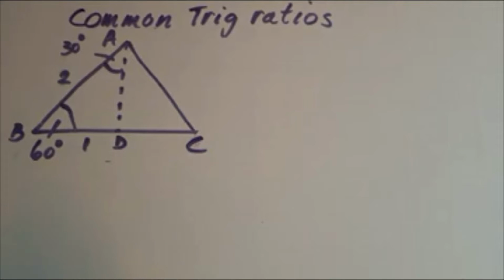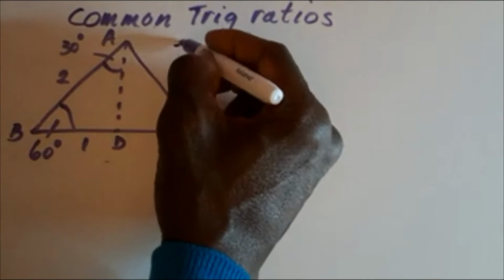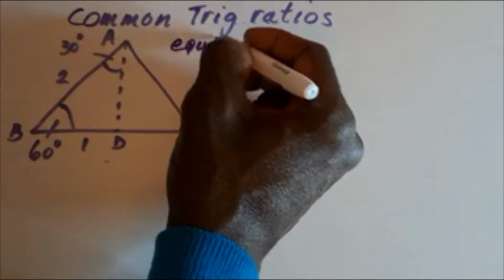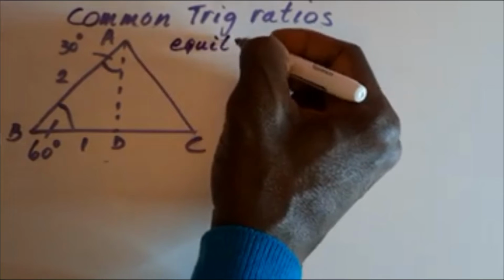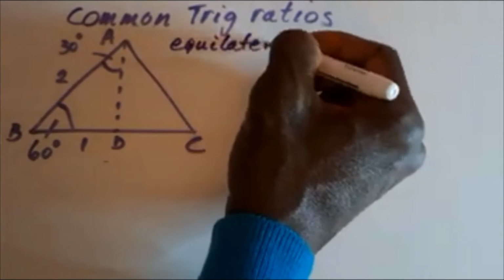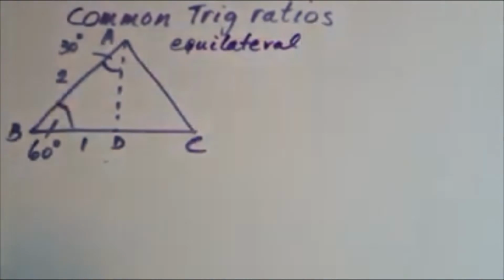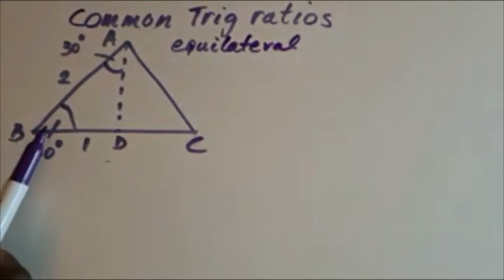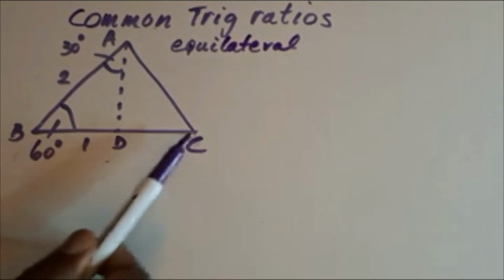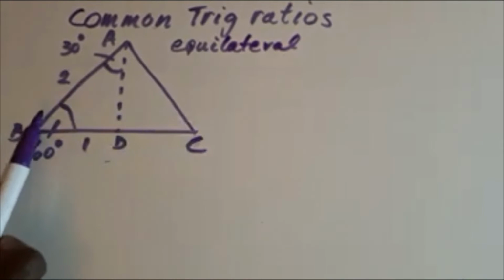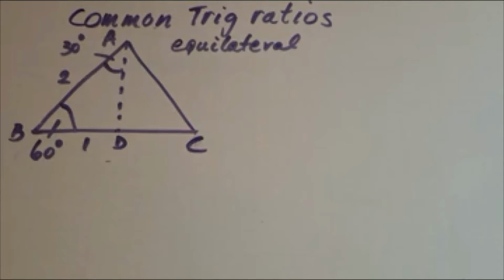Bear in mind, it's an equilateral triangle and all sides and all angles are equal. So the angles are all 60 degrees and the sides will all be 2 units in length.